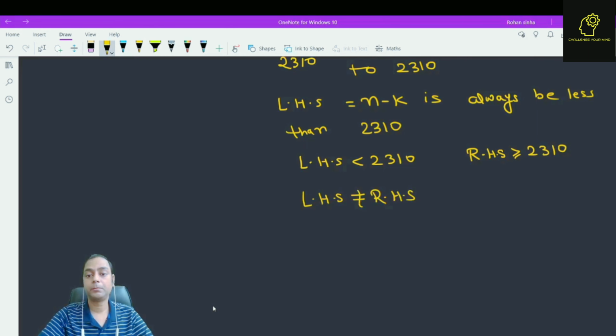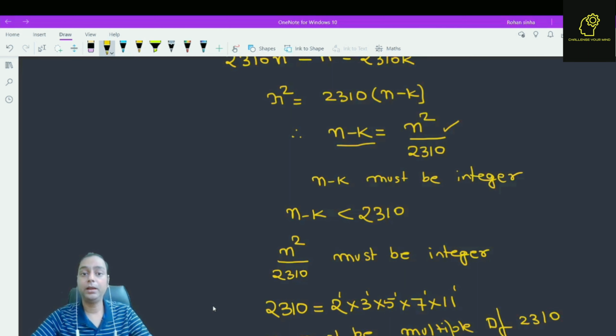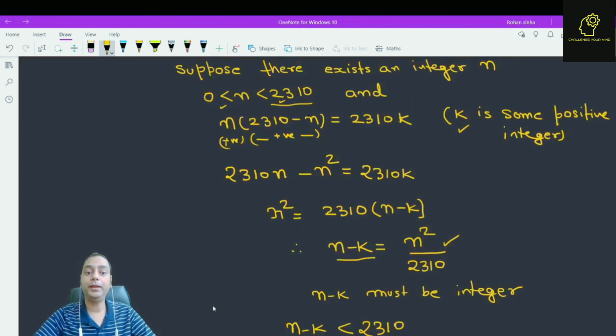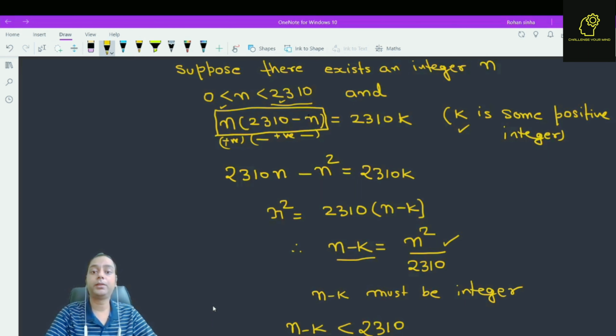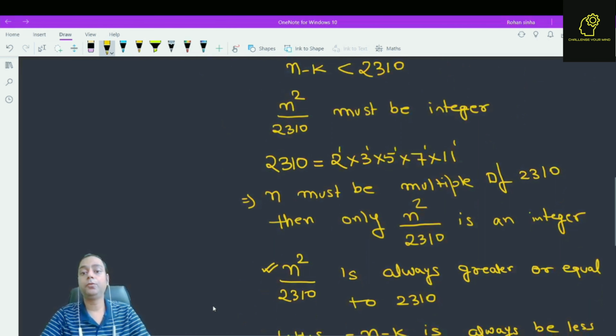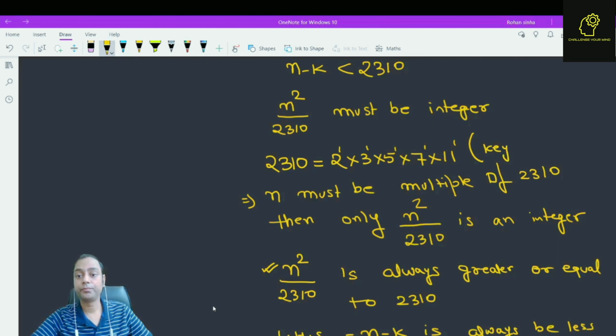So there is no value of n such that n(2310 minus n) is a multiple of 2310. The key step here is this: 2310 can be written as 2 into 3 into 5 into 7 into 11, and the powers of 2, 3, 5, 7, 11 are all equal to 1.